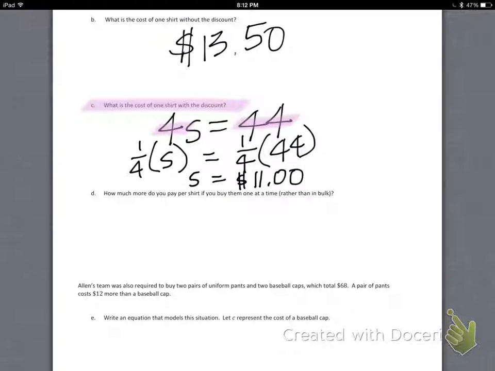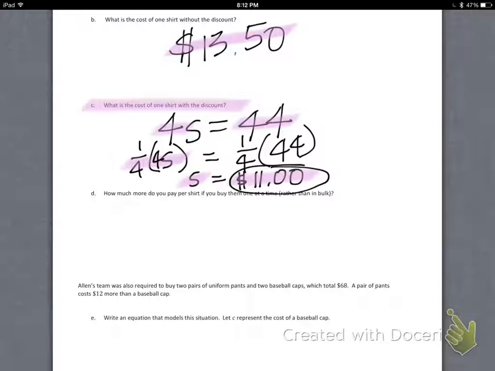Then we multiply by the reciprocal, getting that down to 1s. So 1/4 times 4s equals 1/4 times 44. And 44 divided by 4 is $11. So with the discount, he paid $11.